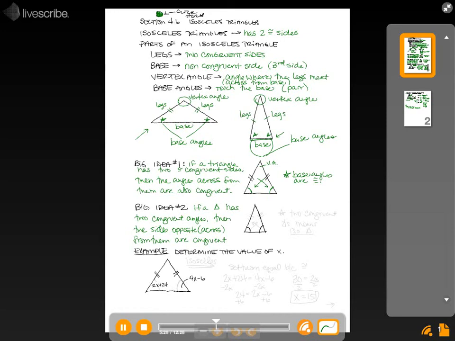What that means is just the opposite. My arrows are going to go the opposite directions. I started with congruent angles this time, so now the sides across from those angles are going to be congruent.